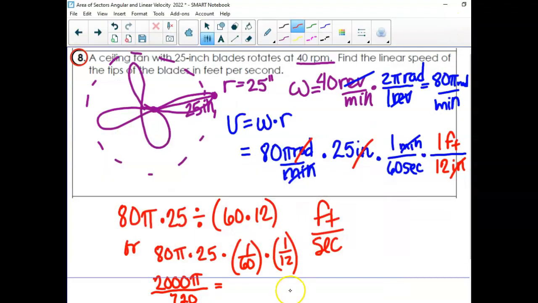Whichever one of those many ways you did it. This was times, that looks weird. Just because both of those are in the denominator, okay, you're dividing by both of them. Otherwise, this way seems to make sense, maybe to some of you. 1 over 60 and 1 over 12. Either way, you should get 8.7 feet per second.